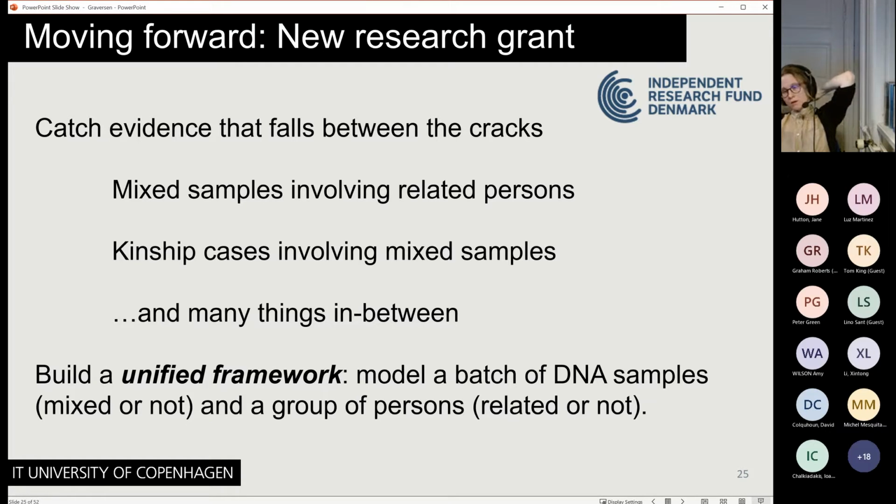So one thing is, it would be nice to allow mixed samples where there are related persons involved. This is not very difficult to imagine happening. If you have a DNA sample and you want to assess whether this is DNA from me, you see there's also DNA from another person, but you have reason to believe it's DNA from my little brother.